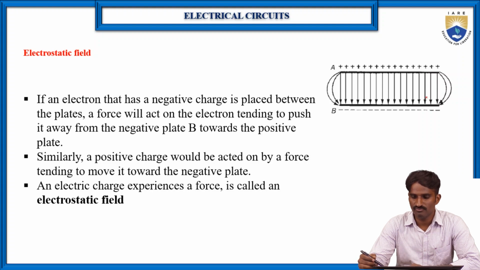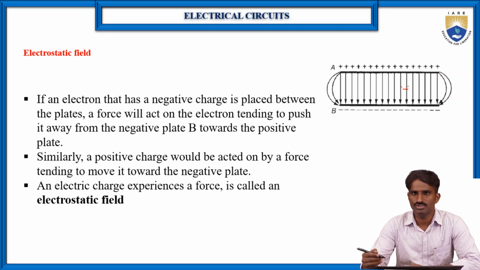So this electron will be pushed away from the negative plate B and attracted towards the positive plate A.